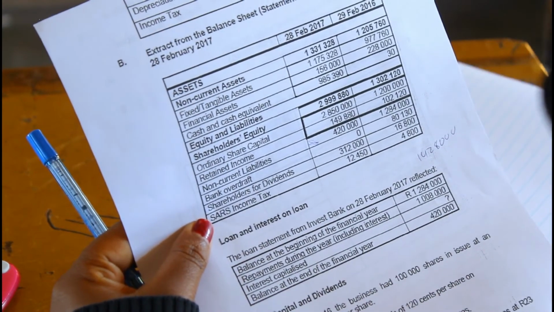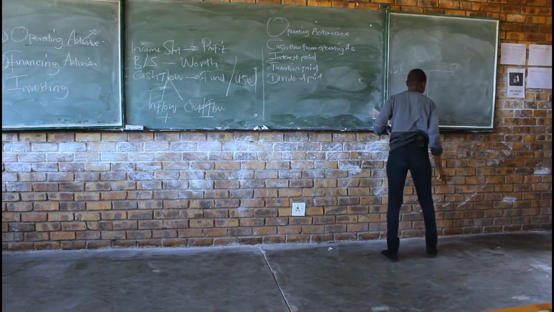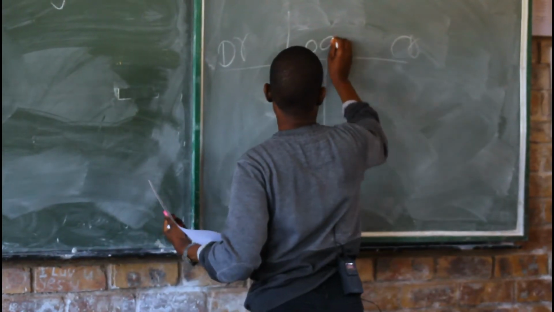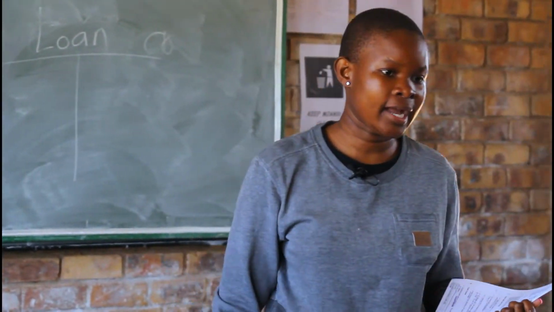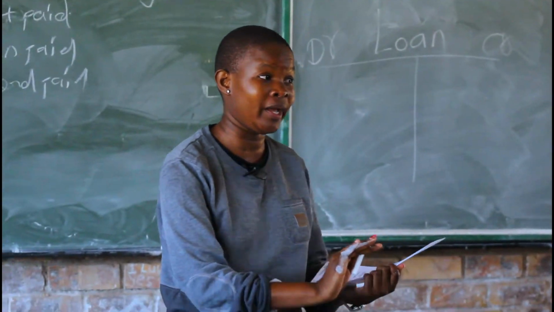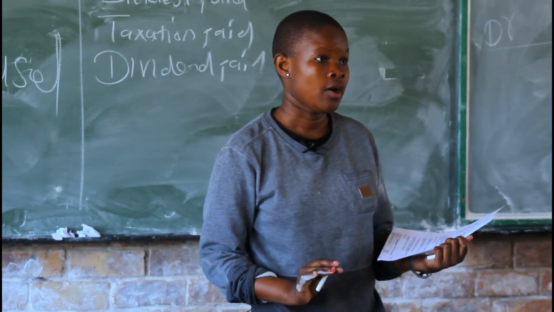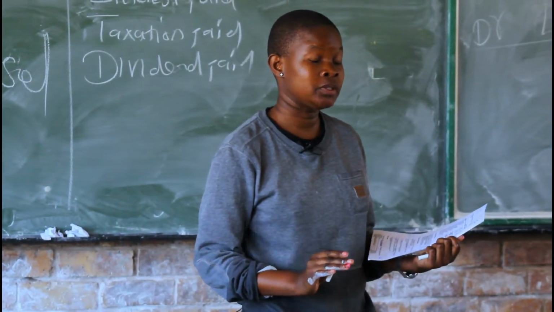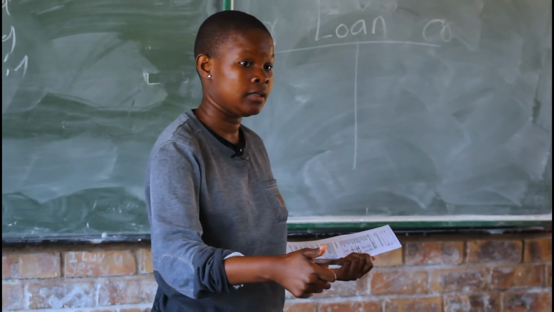Now, this is how I understood accounting, the T account. And then I put loan here. That's how I always get it right, the T account. If you are not even sure about what to add, what to minus, the first thing I do is the T account. First thing that comes into your mind: does a loan represent an asset or a liability?